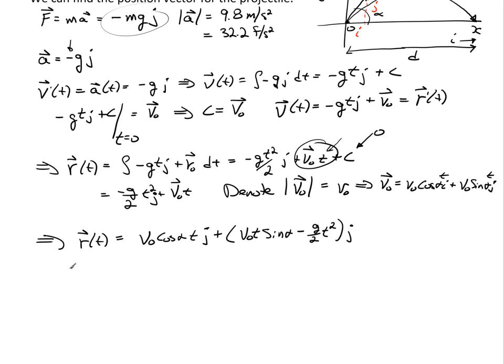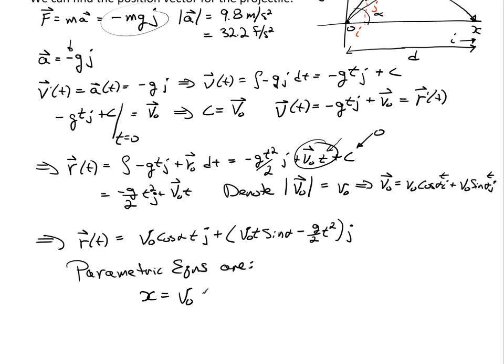So what that gives me is I can write the parametric equations that describe the motion. So the parametric equations are x equals v naught cosine alpha t. Yeah, remember I said I was going to do that. This is not a vector.